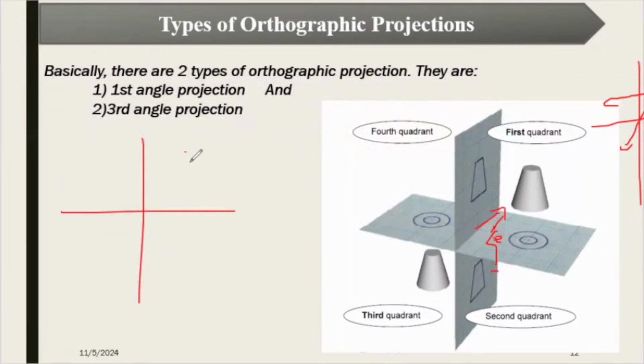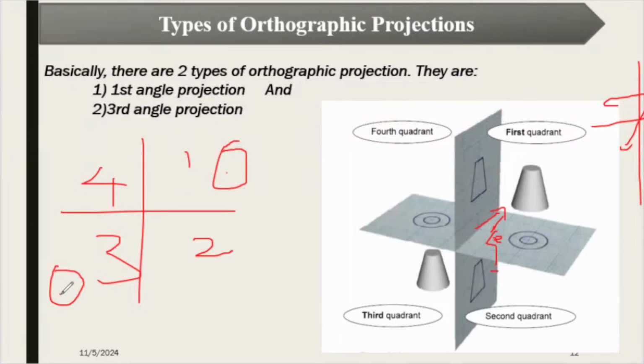So this is the first one, this is the second, this is the third, and this is the fourth. So we place our object either in the first part or the third part. So if we place our object in the first part, or either first quadrant, it is known as first angle projection.